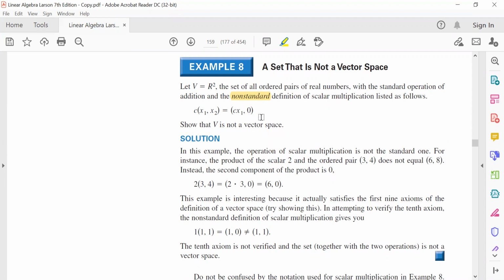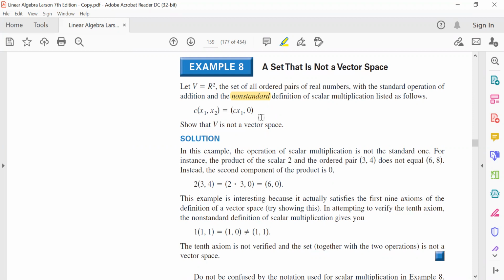Now, this is a different definition of scalar multiplication. And that's my point, the point we tried to make earlier: when you talk about a vector space, you're not just talking about the set. I'm not just talking about R2, the set of ordered pairs of real numbers. A vector space is not just the set itself, but it's how you define the operations on the set.